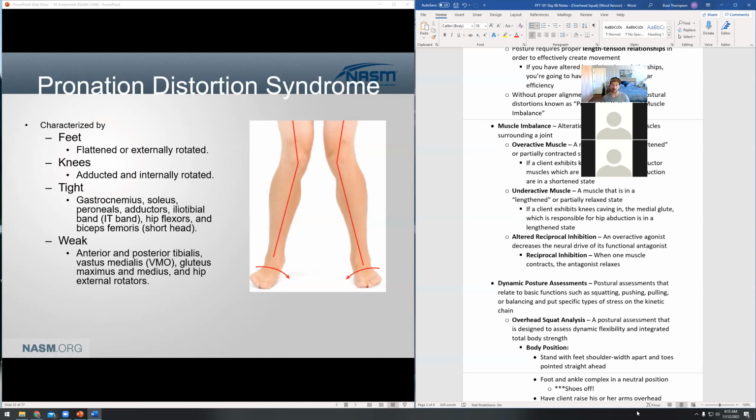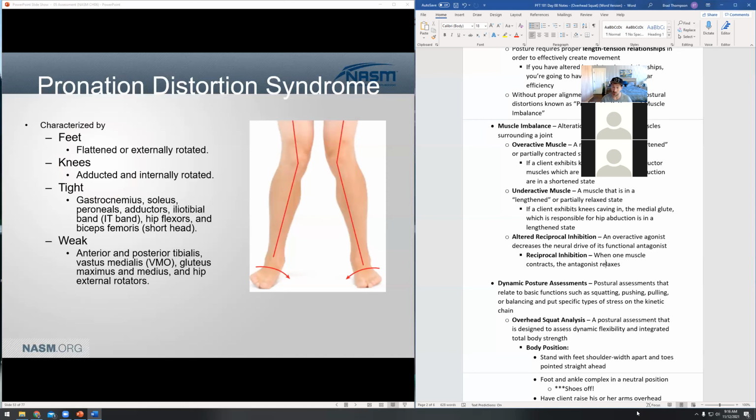So if I'm trying to get my hip flexors to relax, if I contract my glutes, which is the exact antagonist to my hip flexors, ideally that muscle will let go, right? And that's the approach here.